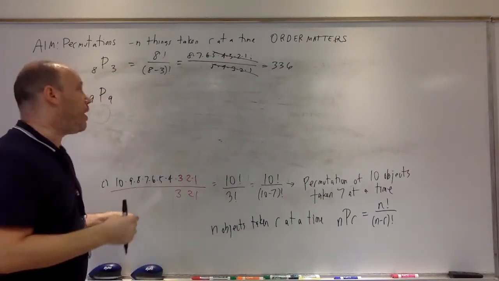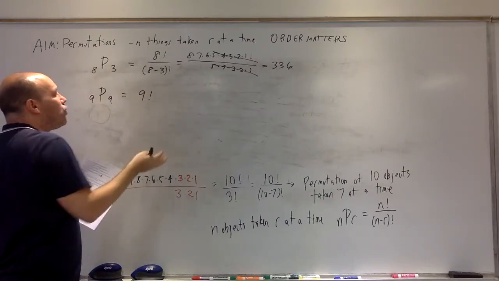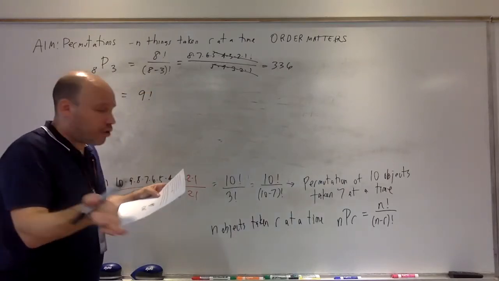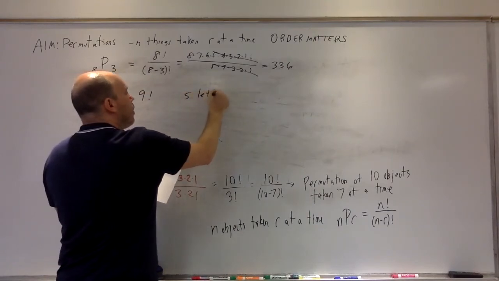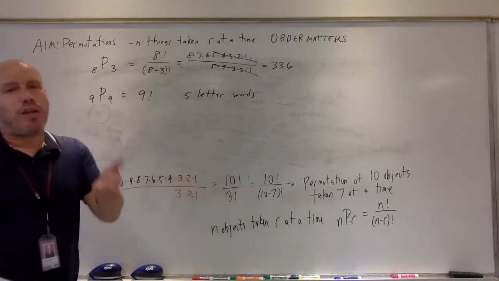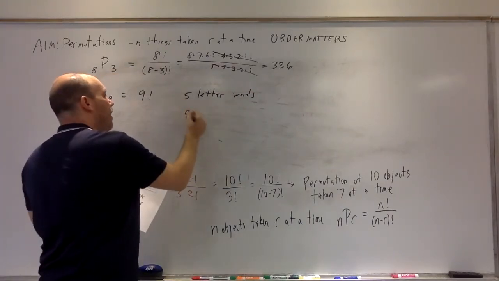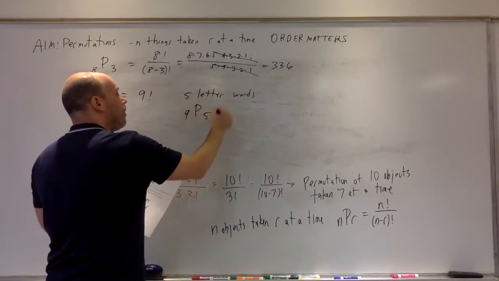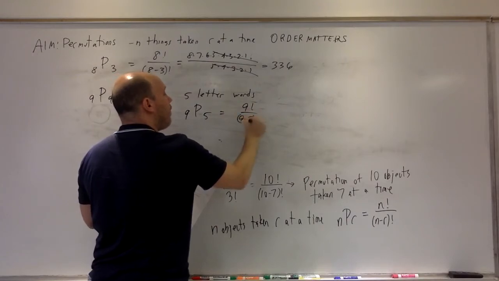So we're using permutation. This is 9 factorial. I could change this question around. How about 5-letter words? So let's let that be part B. I'll change the document. So we have 9P5. So it's 9 factorial over 9 minus 5 factorial.